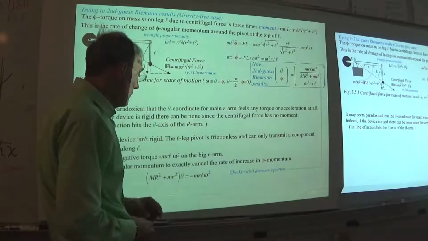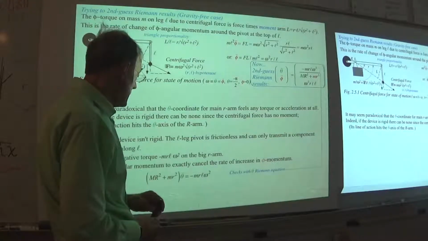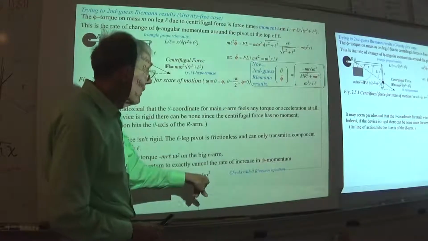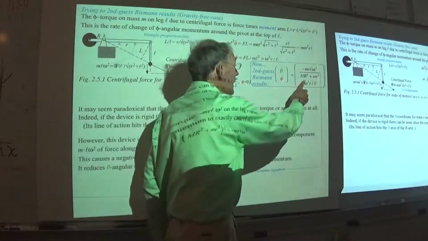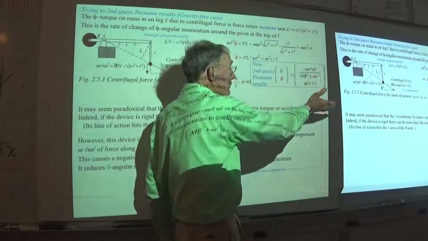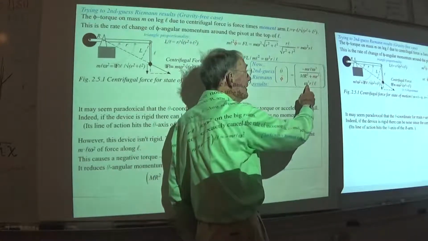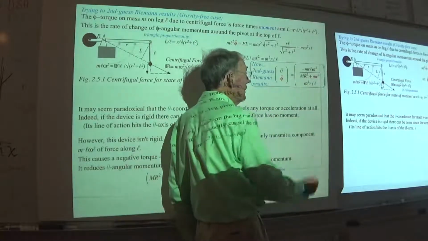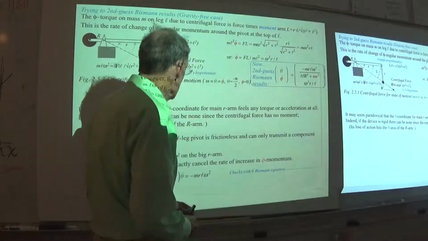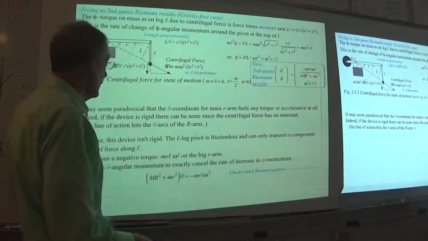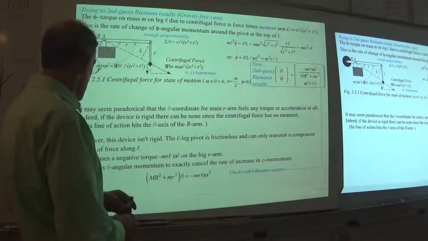And, well, take that guy over to this side of the equation. That's the total inertia of this system in the configuration it is right now. We've got this term right there. And at the same time, we've got this other guy. Well, we don't.